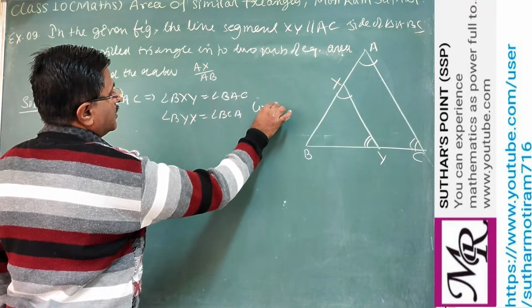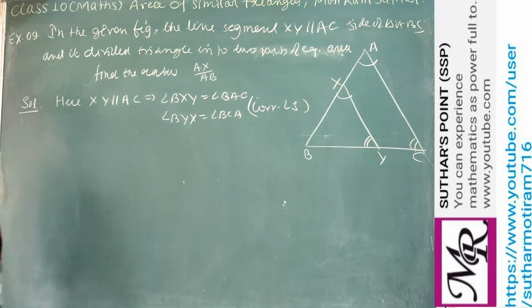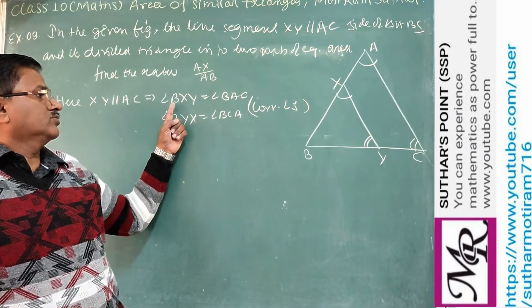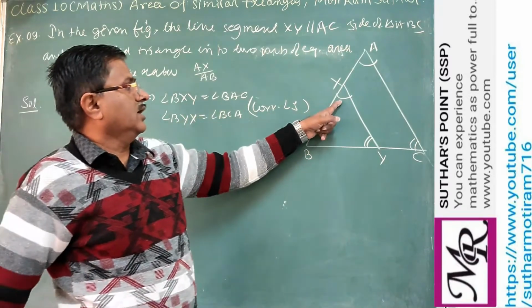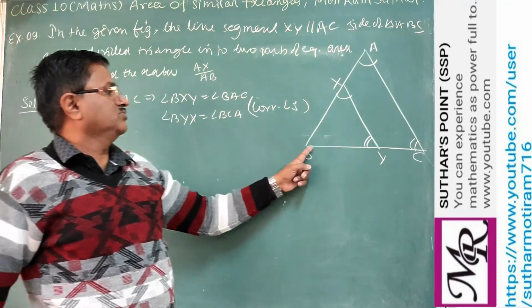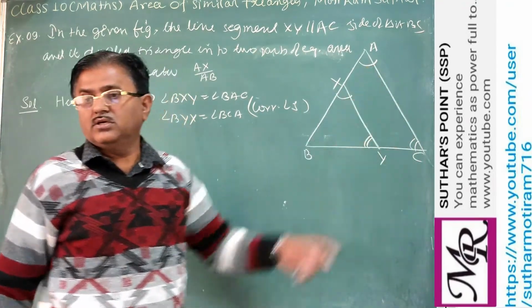These are the corresponding angles. We know that if two lines are parallel, then their corresponding angles are equal. So angle BXY is equal to BAC and angle BYX is equal to BCA.